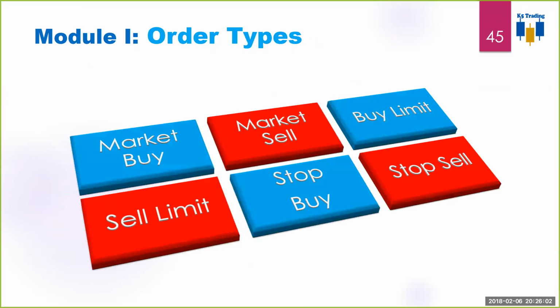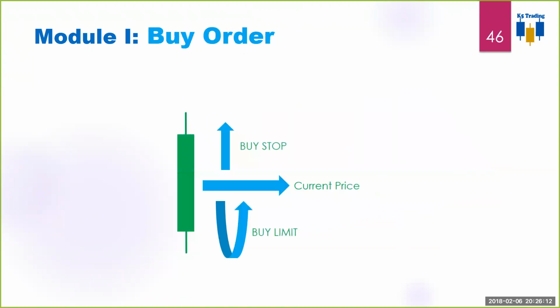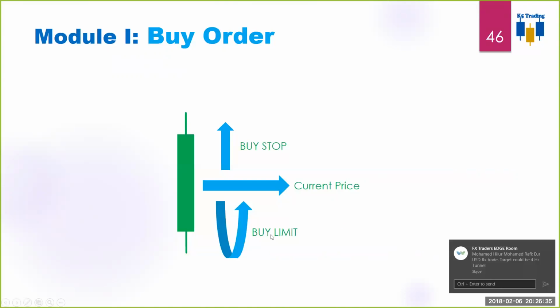Most of our orders are stop buy or stop sell, buy limit or sell limit. Buy orders mostly work this way: this is the current price and you think the price will move up, but you want confirmation. So at a certain point higher, you put your order that if the price crosses this, then my order will execute. This is your buy stop order. The buy limit order is when the price will go down and then come back, and at the lower place you want to buy something.